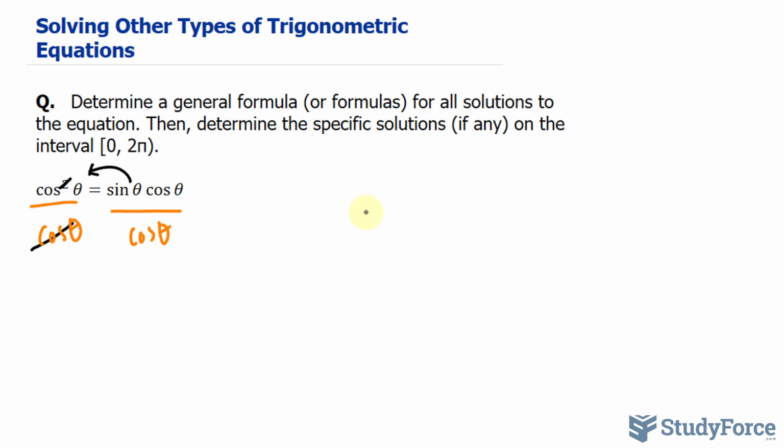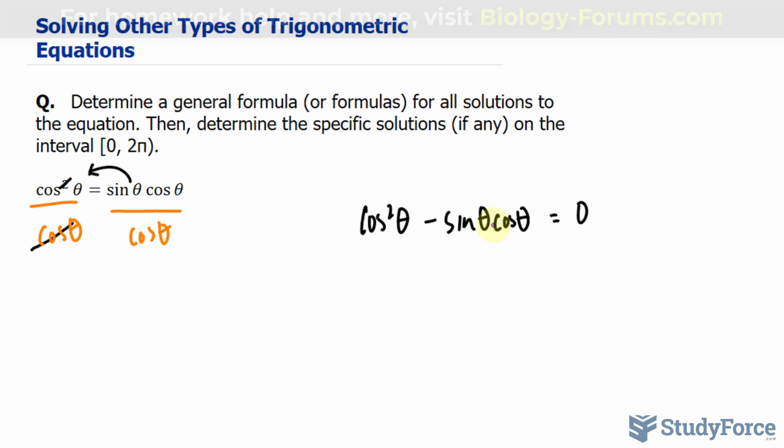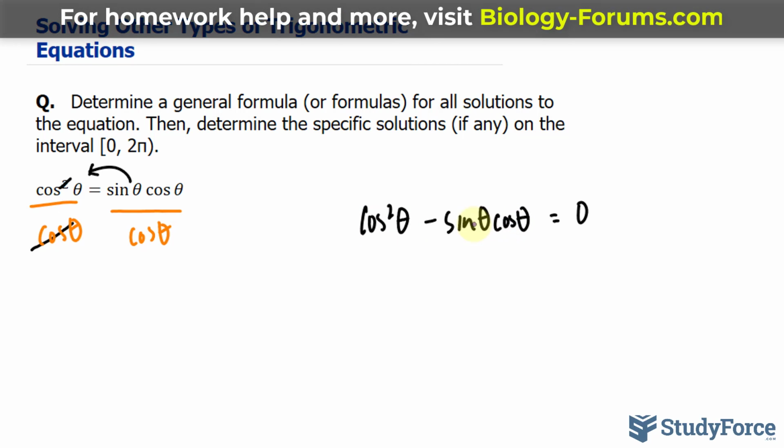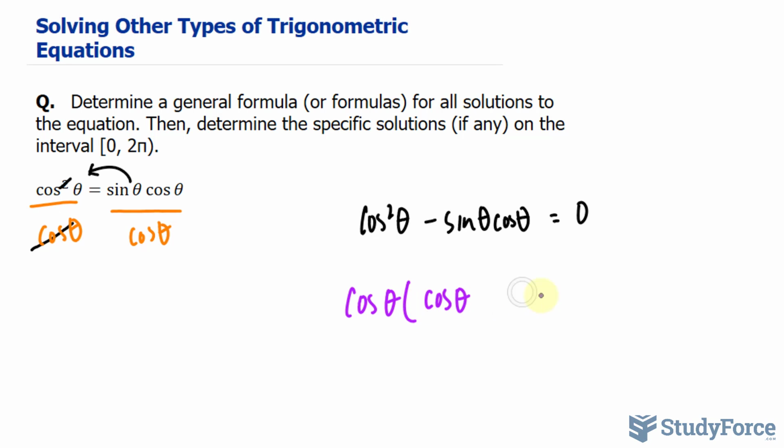So rather than doing it like this, which is the wrong way to do it, you would take this term to the left side, where you have cosine squared theta minus sine theta cosine theta. Essentially, we're grouping all the terms on one side and making the right side equal to 0. Because if you do it like this, now you have a cosine that's in common in both of these terms. So we write down cosine theta within the parentheses, minus sine theta, is equal to 0.